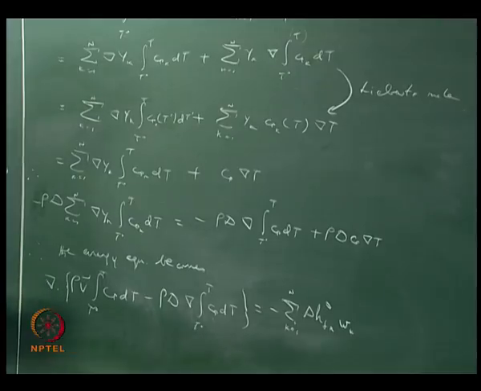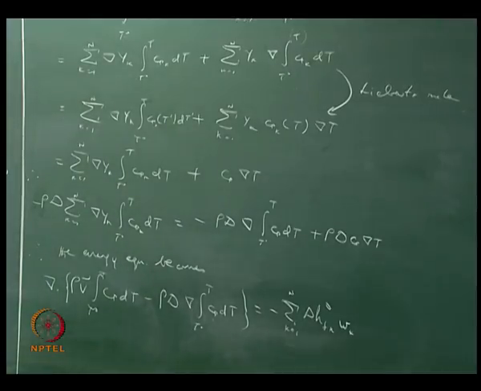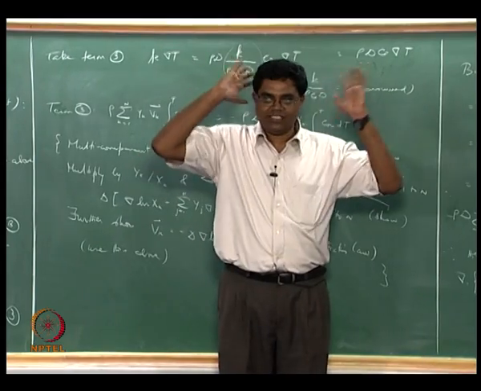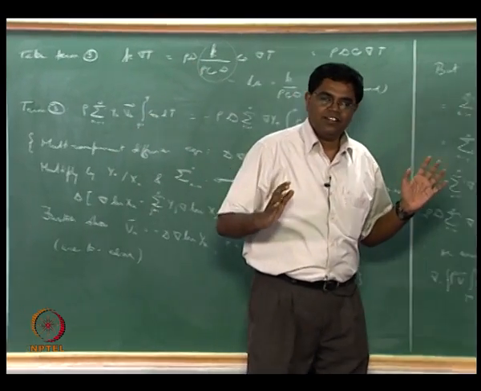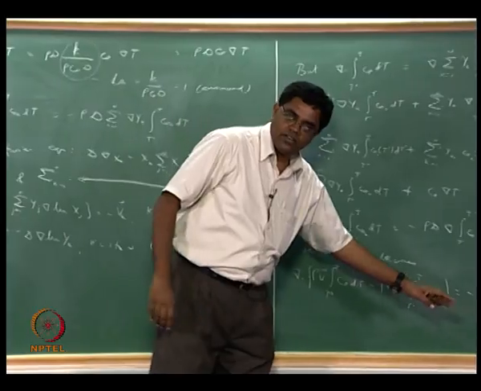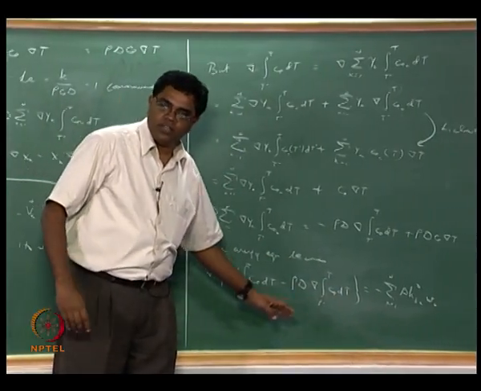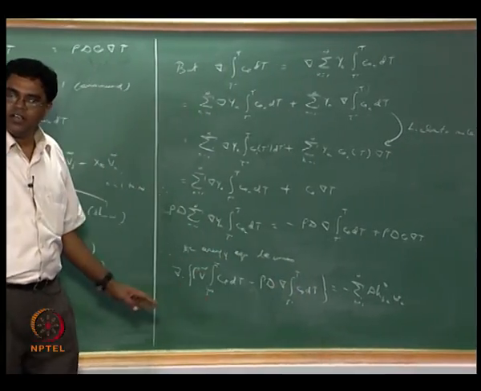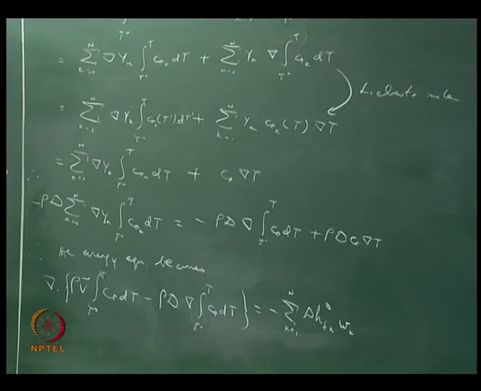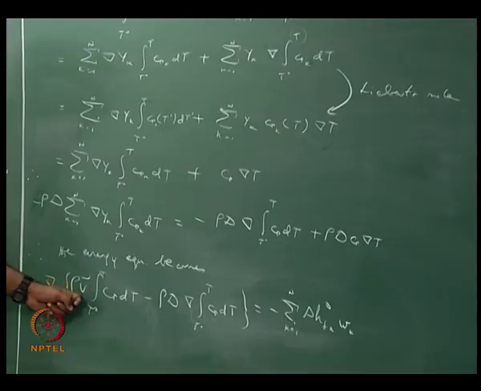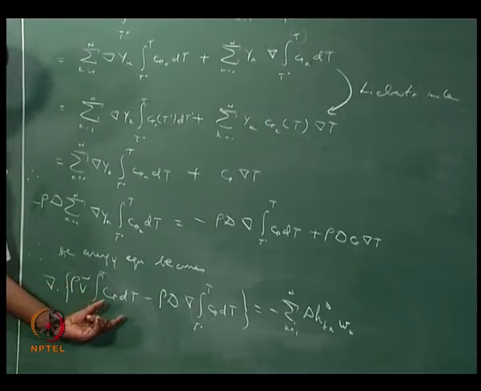What is this like? So the last 5-10 minutes we have gone through this, but what have we got finally? Is it something that we can think about? Yeah, this is the mixture average velocity, right? This is the sensible enthalpy of the mixture.